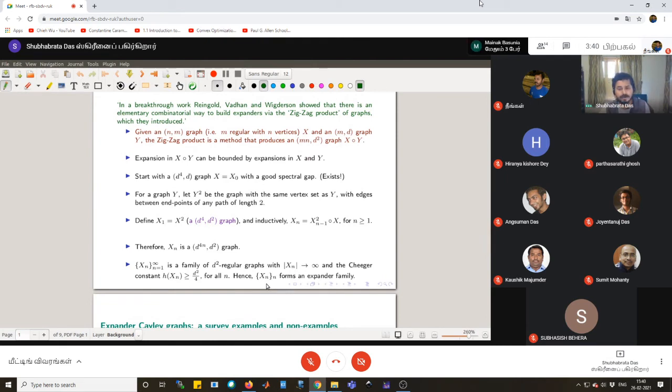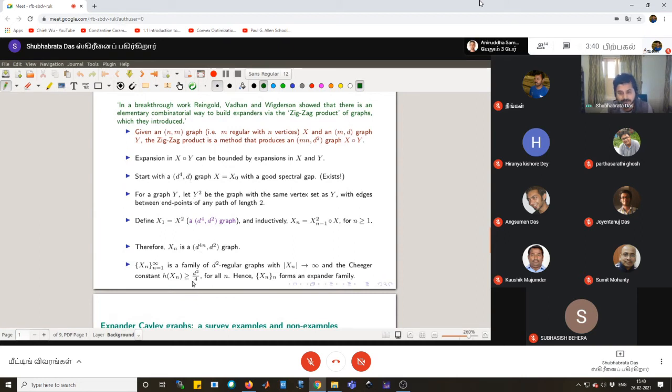Here I haven't mentioned one thing: the expansion in the initial graph was taken to be half.